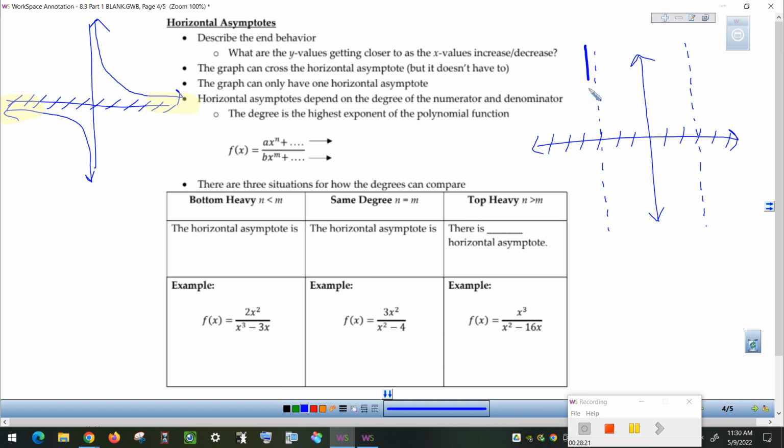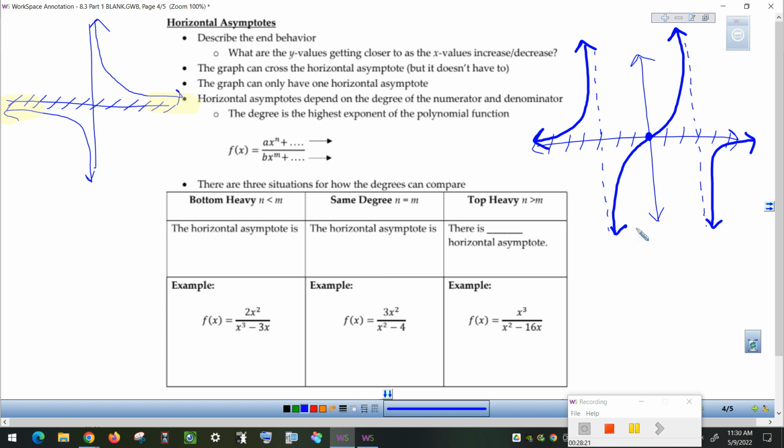On the two outside pieces, it might look something like that. In the middle, it's possible that it could go like this and just completely cut through the horizontal asymptote. Well, that's okay, because notice how on this one, it's still giving us information about the end behavior. On the far left, it's getting closer to that asymptote, and on the far right, it's getting closer to the asymptote, but it is possible for it to cross through.